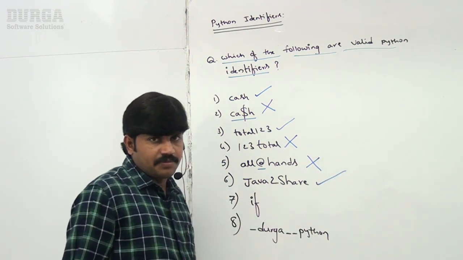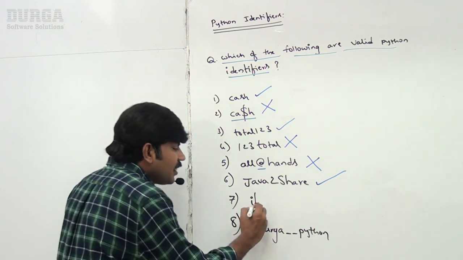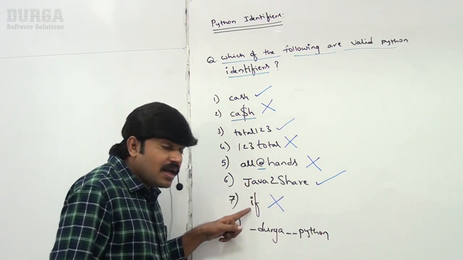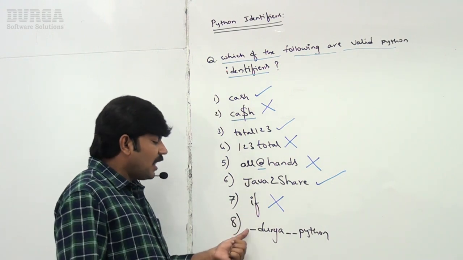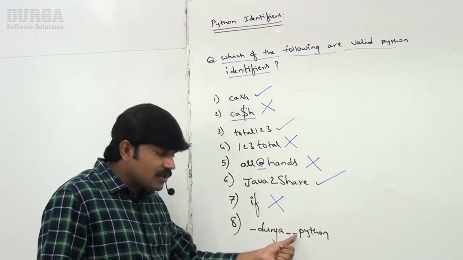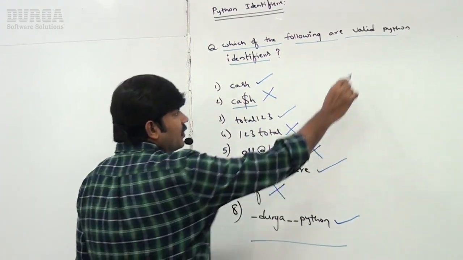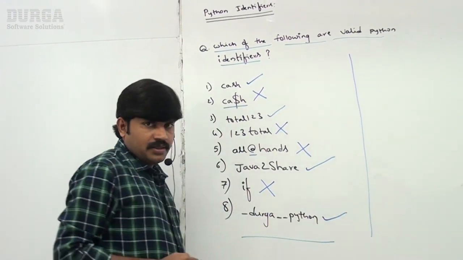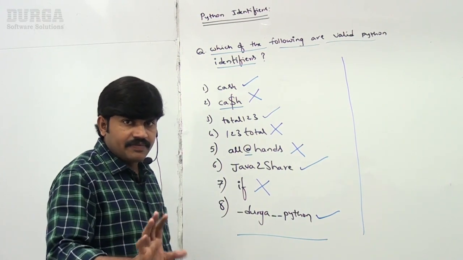Yes, perfectly valid because it contains alphabet symbols and digits only. Then, if is not allowed because it is a reserved word. Next, _Durga and _Python are perfectly valid, no issue at all. It is very clear what rules we have to follow to define identifiers, right?